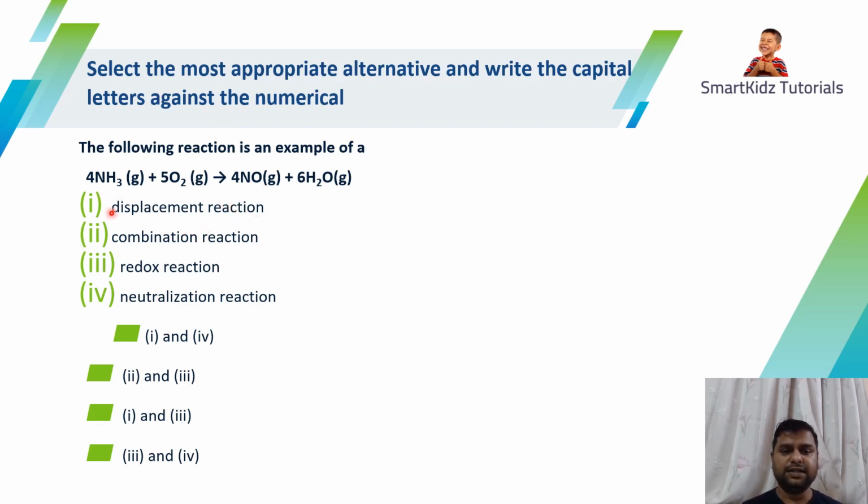The other thing that is happening in this case is that oxygen is displacing this hydrogen atom from here. These two are partners, and in this case oxygen is displacing hydrogen and taking its place, thereby leaving hydrogen separately. Hydrogen also reacts with oxygen. So this is a type of displacement reaction including redox reaction. Let's look at the answer.